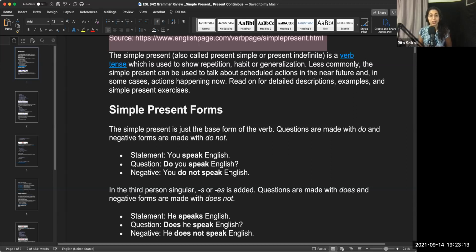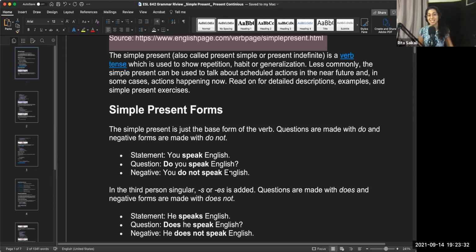The generalization portion of the simple present is something that is in general true, or a general statement. For example, the sky is blue. This water bottle is gray. So this is a general truth.